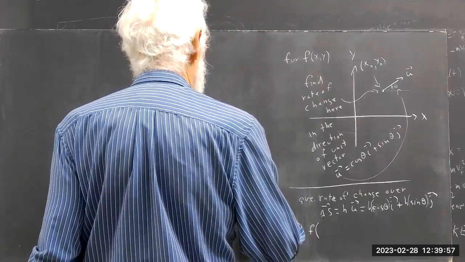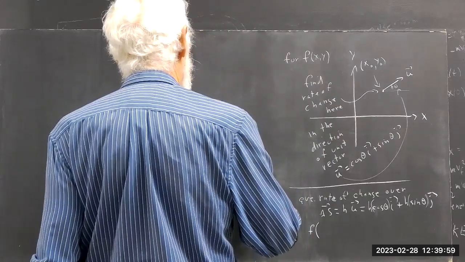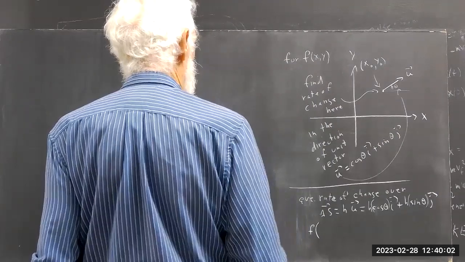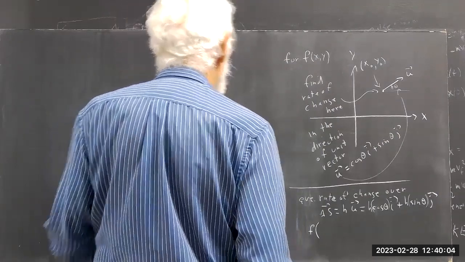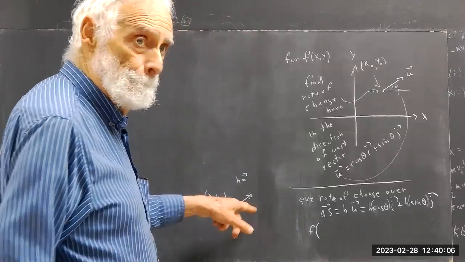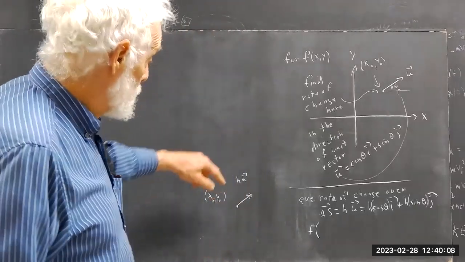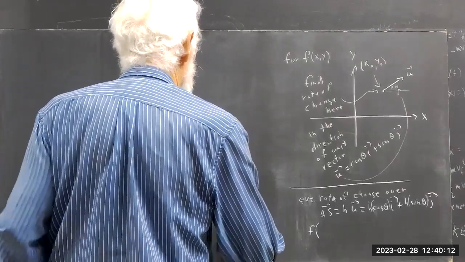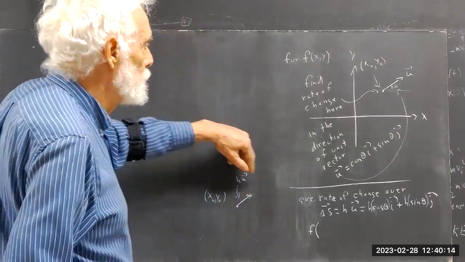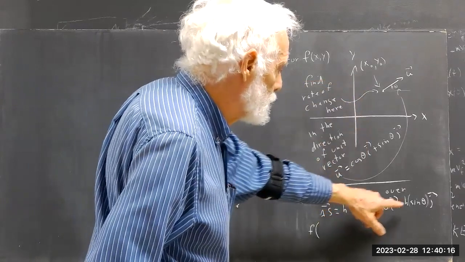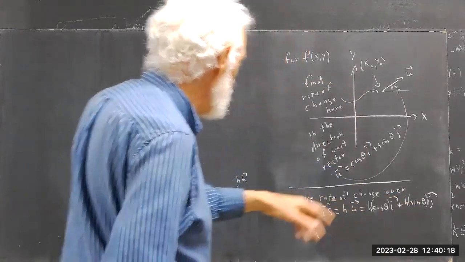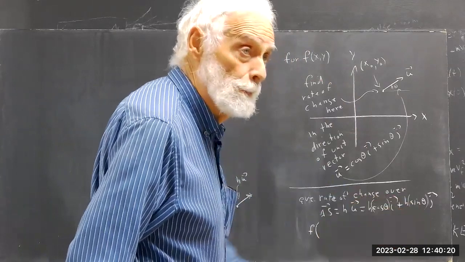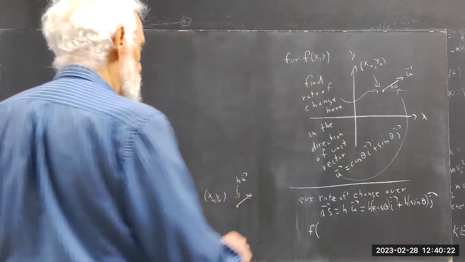Here's some multiple of u. What are the coordinates of this point? If we displace ourselves h times u, where u is cosine theta i plus sine theta j, so that hu is this, what are the coordinates of this point?